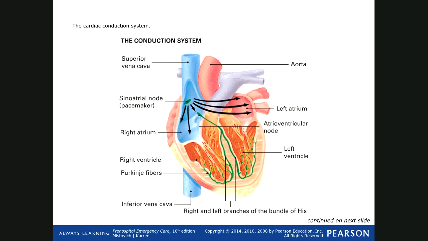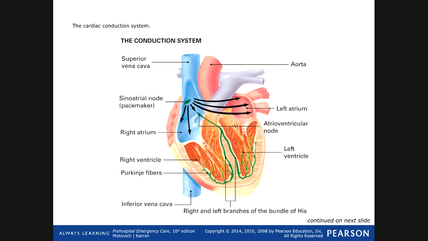The big reason the AV node is there is whenever this SA node fires, we'll say 60 times per minute, it goes through this internodal pathway to the AV node. This AV node is holding that stimulus for less than 1/5 of a second before it makes it down into the bundle branches and into the Purkinje system. That is to prevent the ventricles and the atria from beating at the same time.